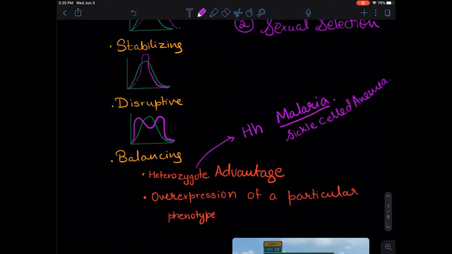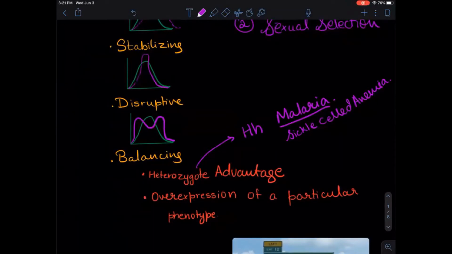So sickle cell anemia is a genetic condition in which the red blood cells are slightly deformed. The malarial parasite cannot survive in these sickle-celled anemic red blood cells.